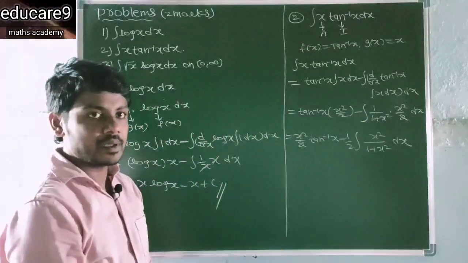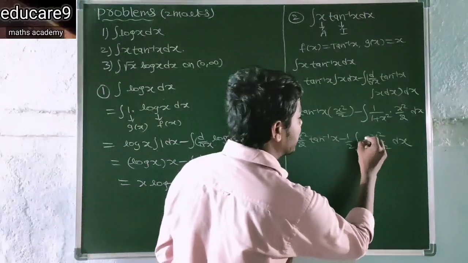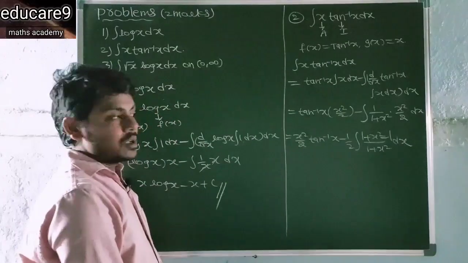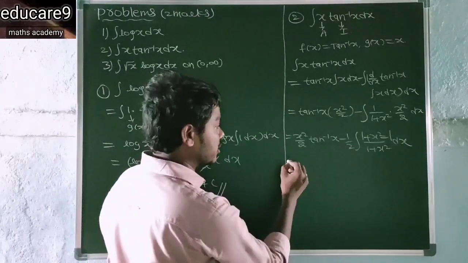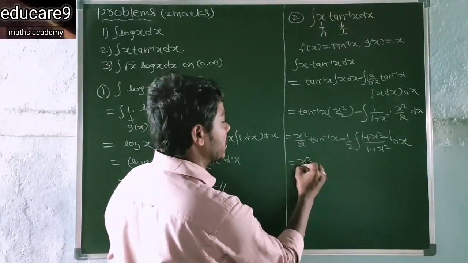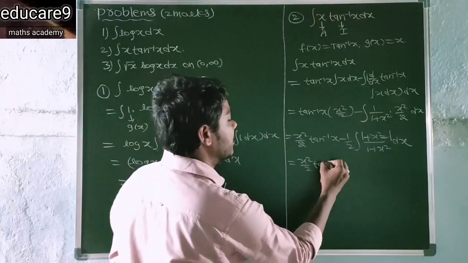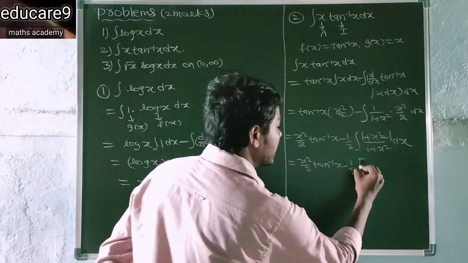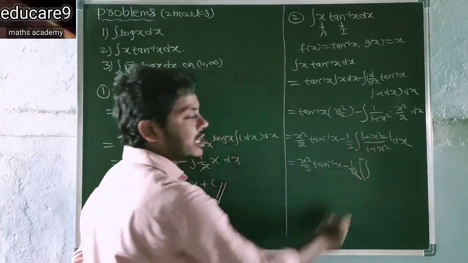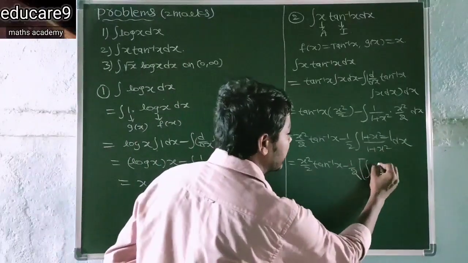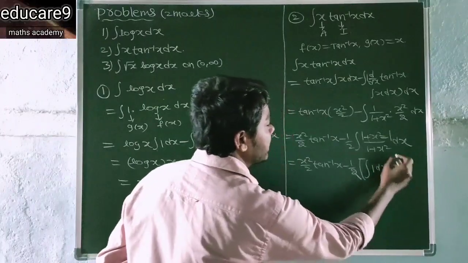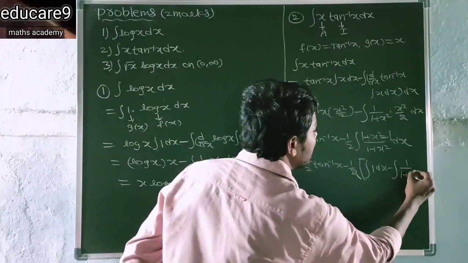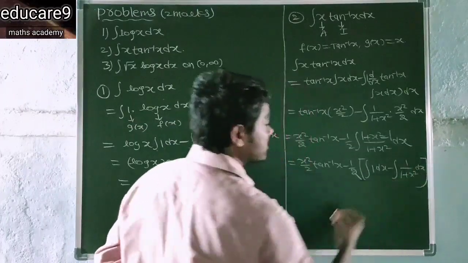Okay. Now here add and subtract 1. Now separate the terms. So what you get? x square by 2 tan inverse x minus 1 by 2 into integration of 1 plus x square by 1 plus x square, that is 1, dx minus integration of 1 by 1 plus x square dx.